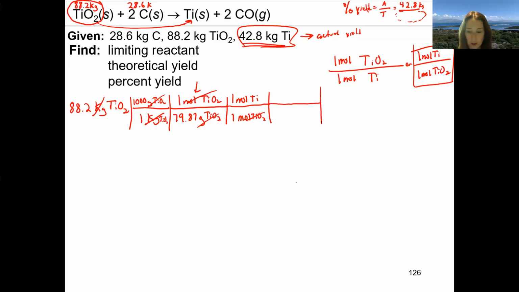Now, I got moles of Ti. I want to go to kilograms. Well, in 1 mole of Ti, go to grams, which is moles. So this is 47.87 grams of Ti. I have grams, I can go to kilograms.